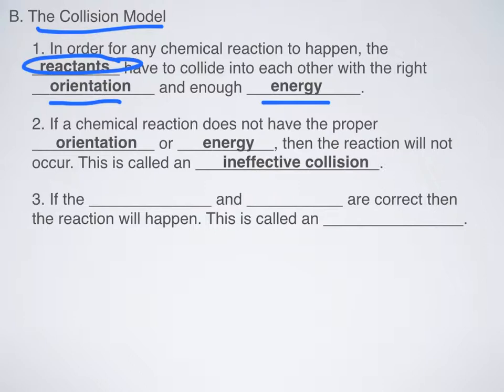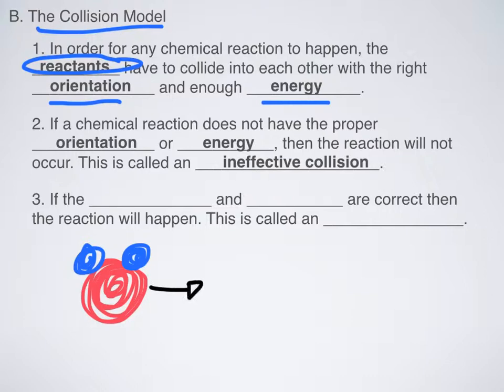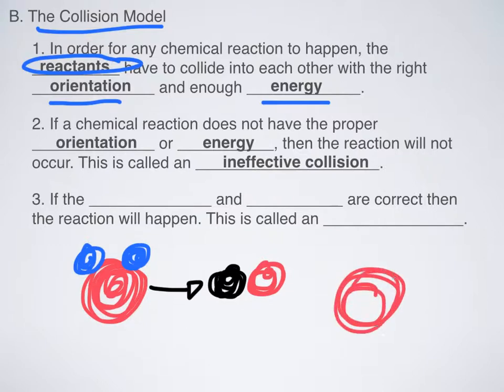Now, I know that seems like a strange concept, but you can picture a molecule that looks maybe something like this, like a water molecule almost, that is going to be colliding with something like this. And so let's say that your product for this reaction ends up looking like this.